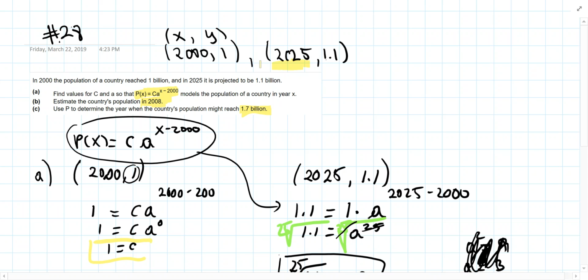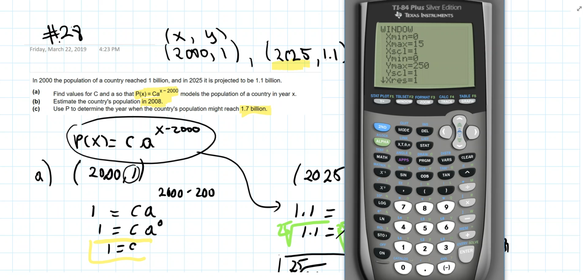It's going to take some time to reach 1.7. So let's try how many years after 2000. Let's try 100 years and see if that's enough. So I'm going to put that the years go to 2100, 100 years after 2000, and see if it takes 100 years to reach 1.7, or how long.